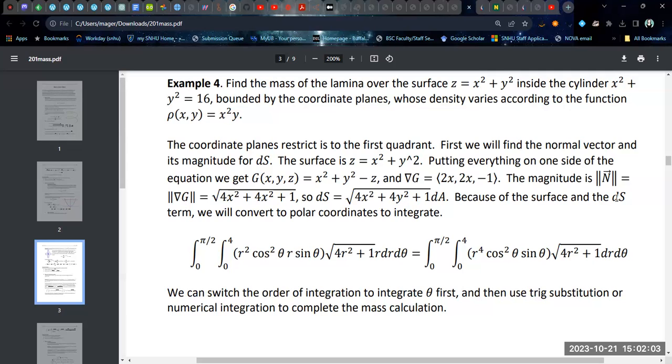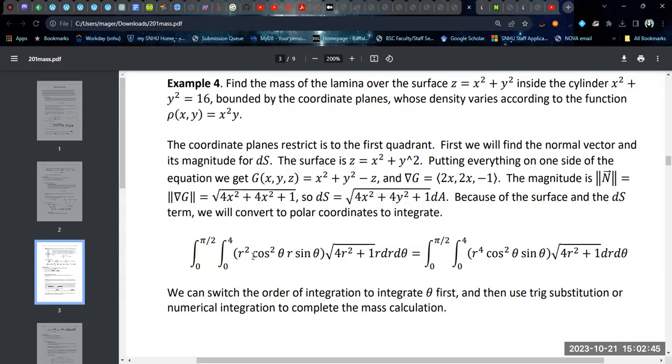And then we're going to need to convert this to polar coordinates because we're inside a cylinder, so it's going to be easier for us to work with polar coordinates instead of rectangular coordinates. So 4x squared plus 4y squared is 4r squared plus 1. And then our density function will also have to be converted to polar, equivalent to cylindrical coordinates.